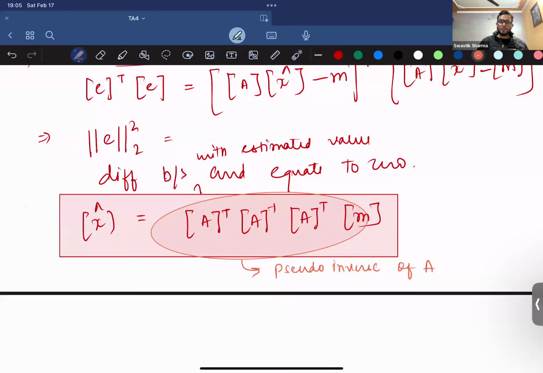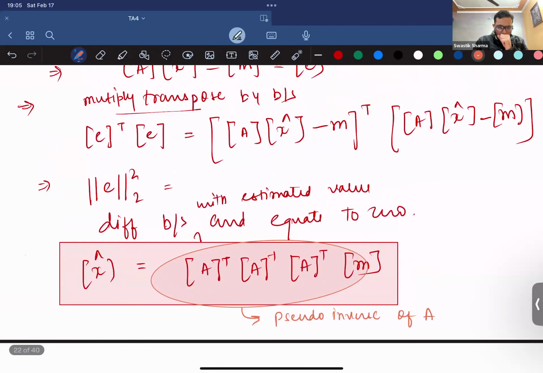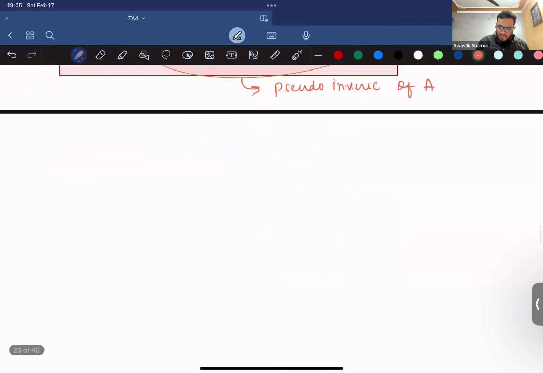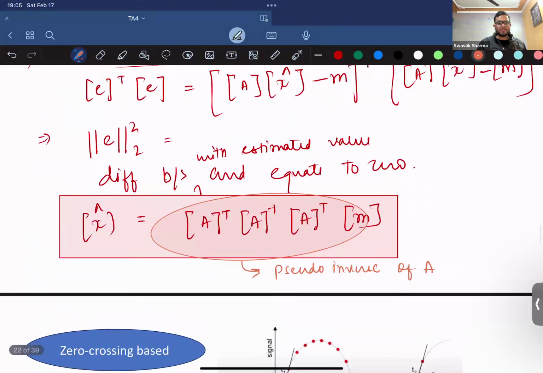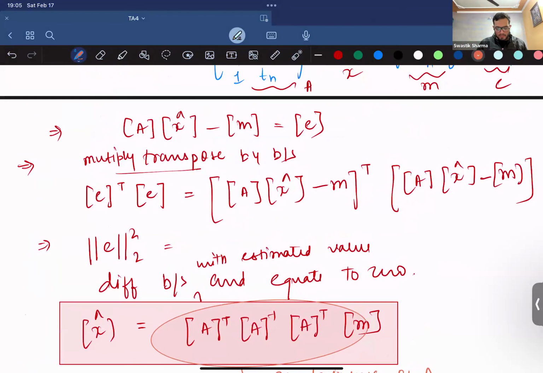I want you to do it once so that you feel comfortable with how the whole thing looks. So this is how the final expression will look. This is one way in which you can estimate parameters using the least square method. You can do this by estimating how the phasor estimates would look based on the measurements, and then you can get the phasor values using the pseudo inverse.